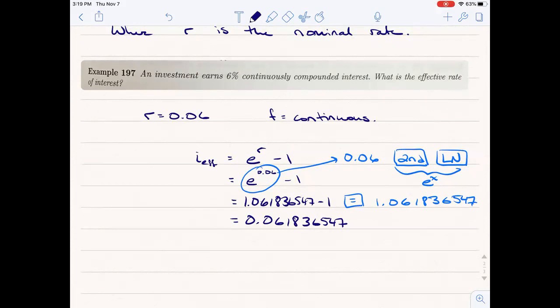Equivalent interest rates. Okay, so here's a spoiler alert. In annuities, first I'll tell you what annuities are. I know, mega spoiler alert. Can't hold it anymore. Annuities are when we're making regular payments.